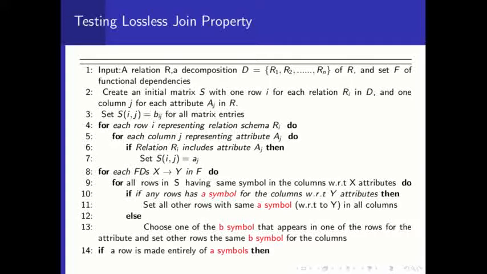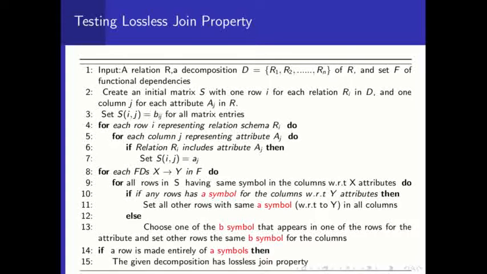Finally, if a row is made entirely of a symbols, then the given relation decomposition has the lossless join property. After these operations, you have to get a row with all a symbols. If such a row exists, then you can say the decomposition is a lossless join decomposition.